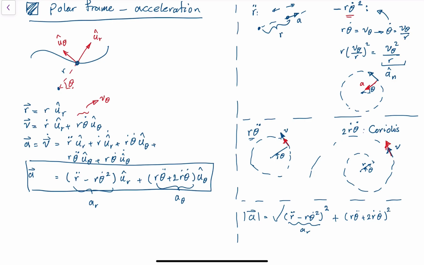Again, all of this is squared because the whole thing is the transverse component. And that's how you calculate the norm if asked. And similarly, you can find the angle of the acceleration vector using these two components.